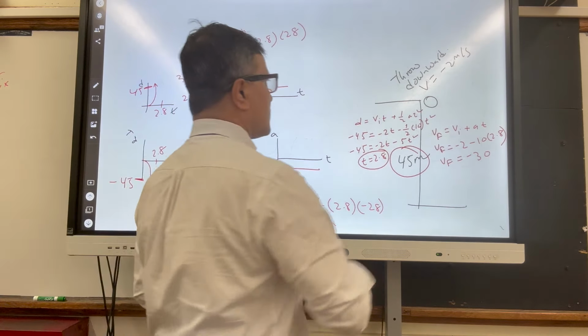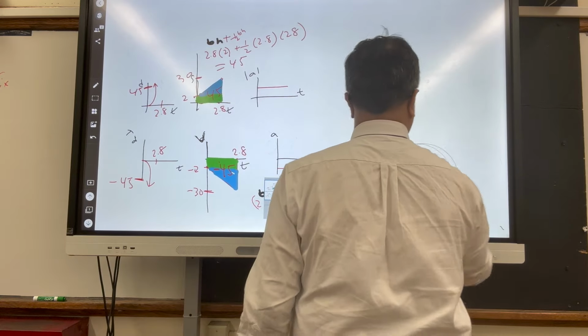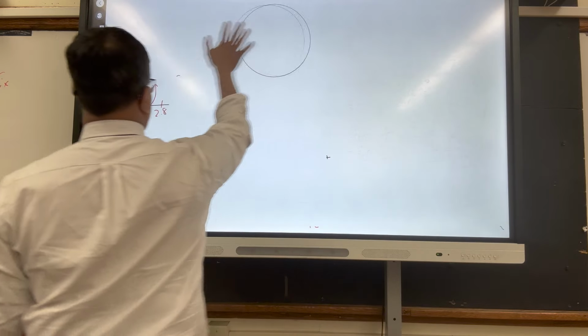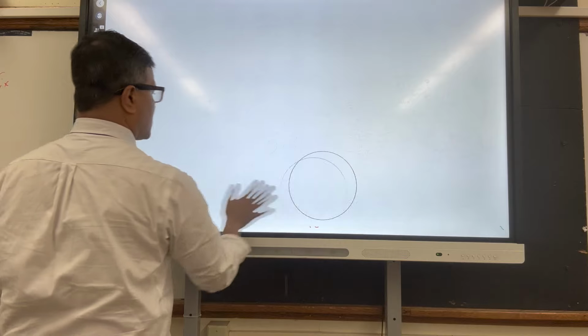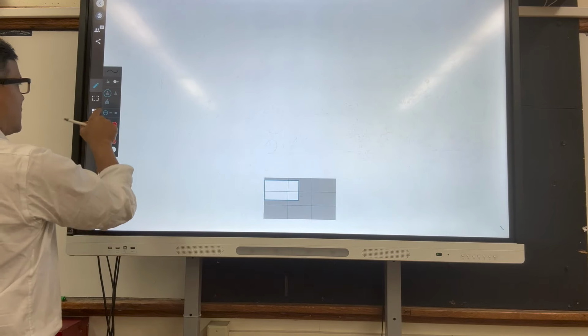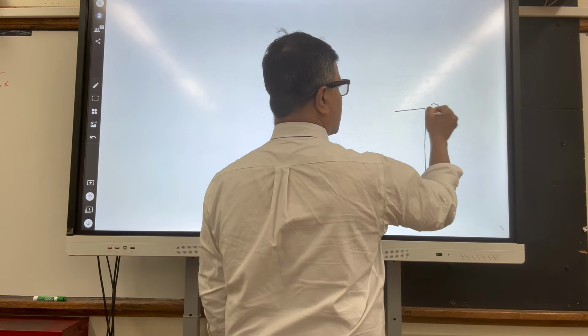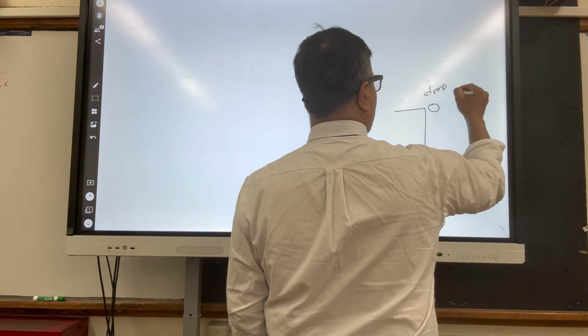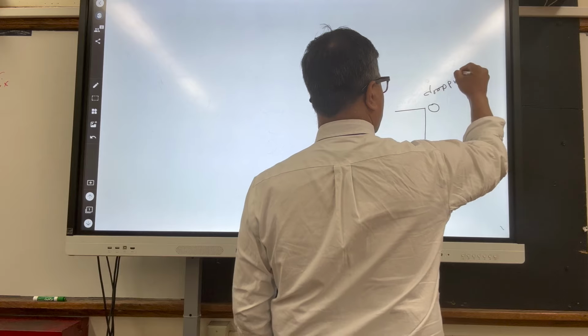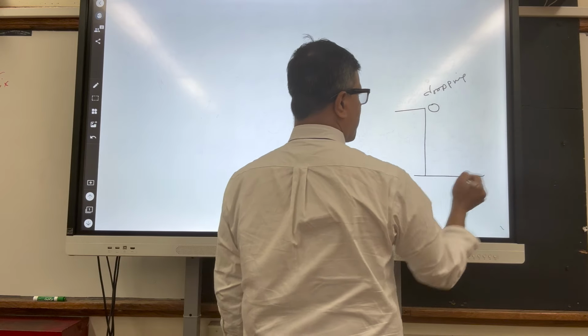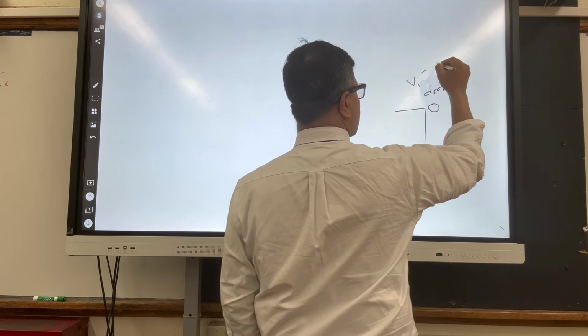Now, the next one is dropping. When you drop something, you should be able to draw 6 graphs. Dropping means initial velocity is 0.